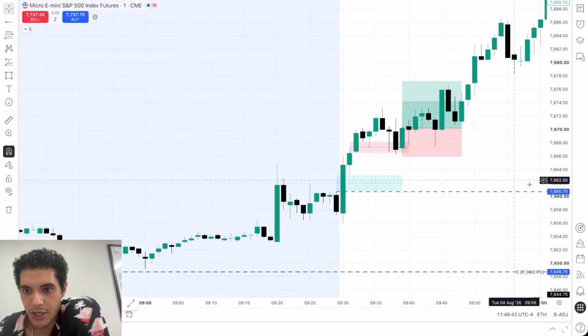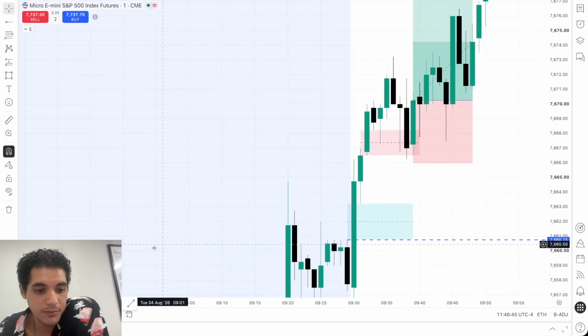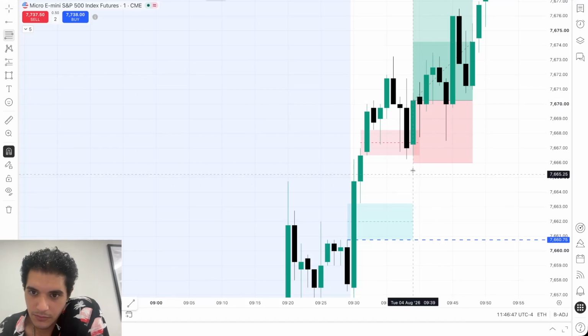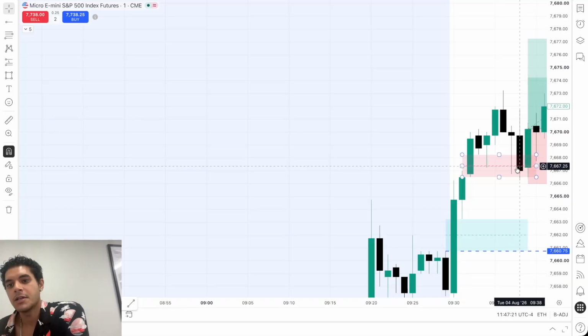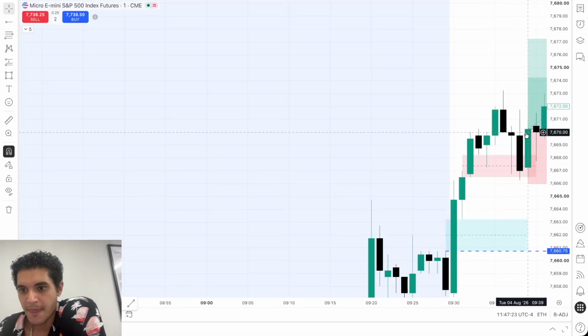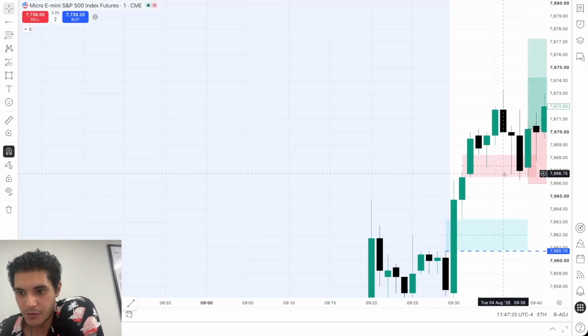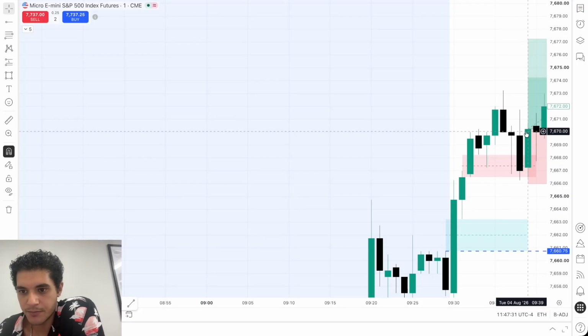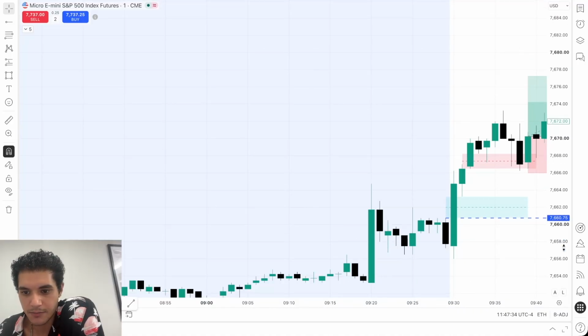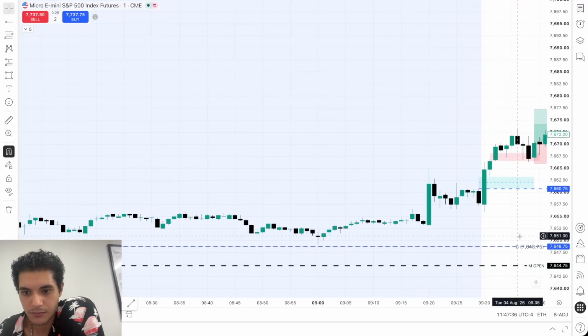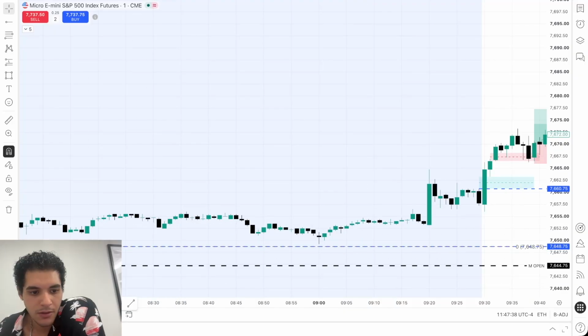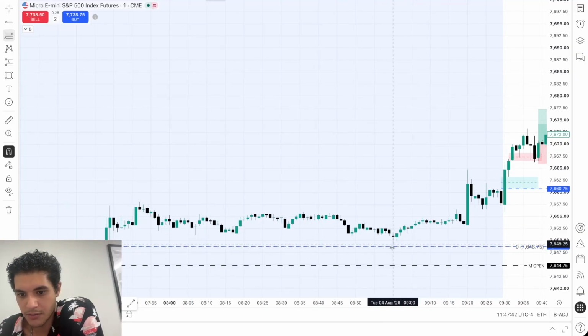Get rid of those projections here and add some new ones. If I'm long on this change in state of delivery, with my stop loss below the swing low and my entry at the high, I want to get a projection for how high this can go.